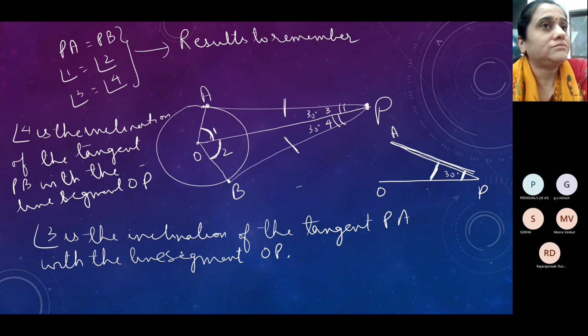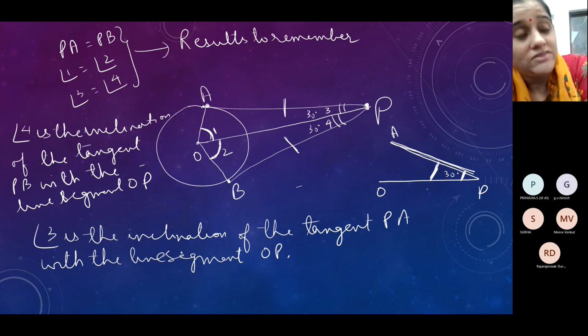Is that clear? So when they talk about the inclination of the tangent with the line segment joining the center and the external point, what is OP? It's a line segment joining the center and the external point. That acts as the baseline here.